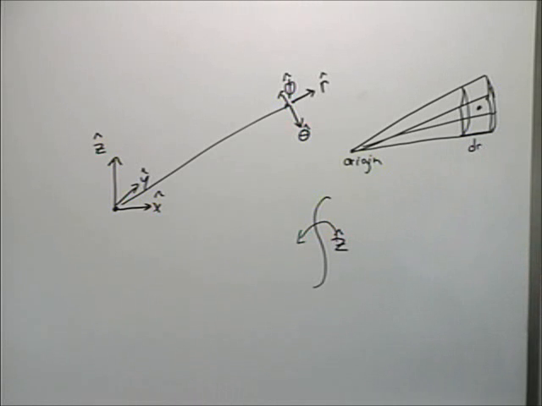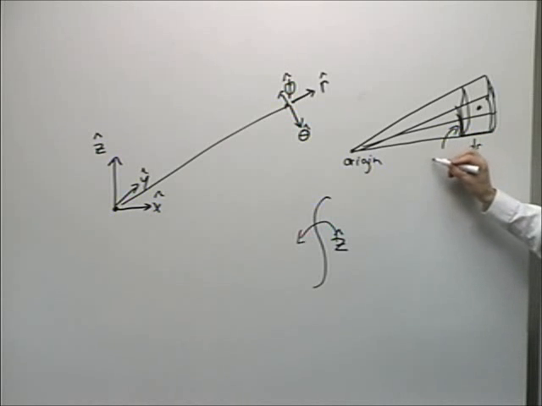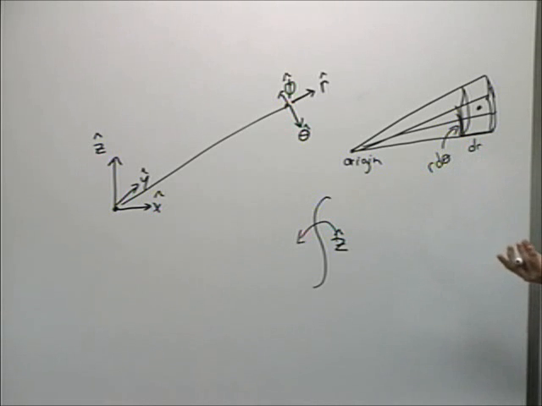That's dr. If you're in this dimension here, picking up a dimension of increasing or decreasing theta, this is going to be r d theta. Why do we need an r? Clearly we need one because we need units of meters if we're integrating in a spatial domain.